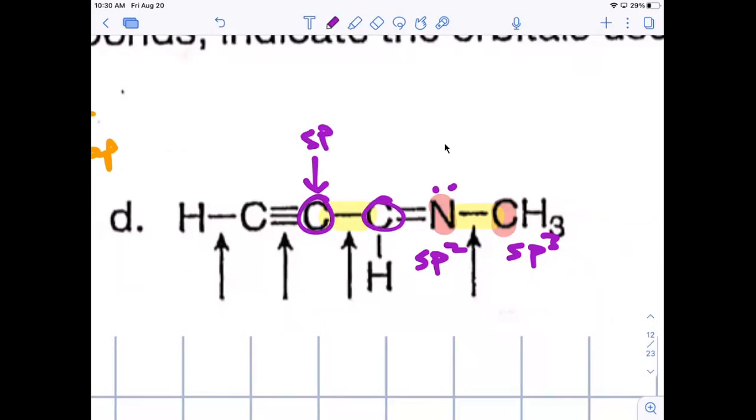And then this one over here on the right, what do you think? SP2. So the bond between them is what? SP, SP2 overlap.